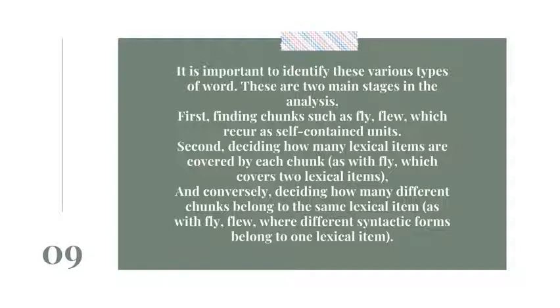And the second one is deciding how many lexical items are covered by each chunk, as with fly, which covers 2 lexical items. And conversely, deciding how many different chunks belong to the same lexical item, as with fly, flew, where different syntactic forms belong to one lexical item.